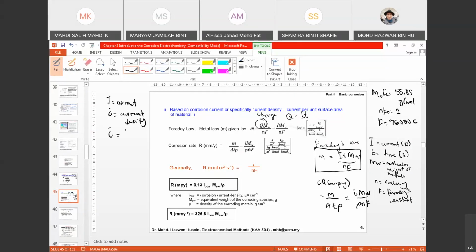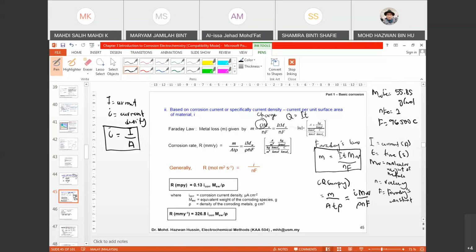Current density is basically current over area. So if you substitute the M term over here, you will get current over area, so you will cancel it off, and it will become current density.